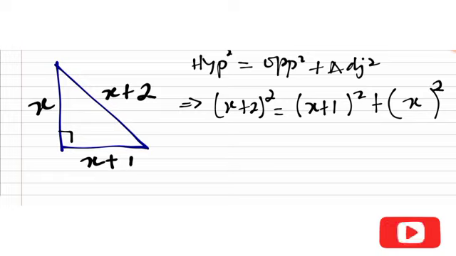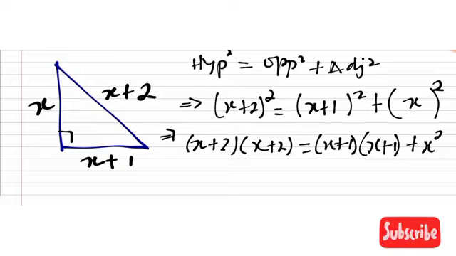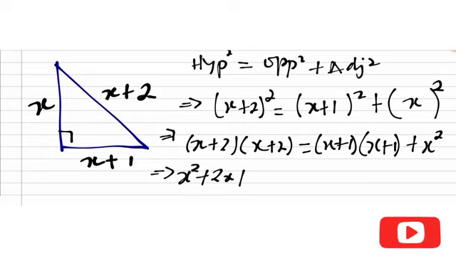Alright, the next thing we need to do is to open this bracket. Opening this bracket, we are going to have x squared plus 2x plus 2x plus 4, which is equal to x squared plus the same thing we did.